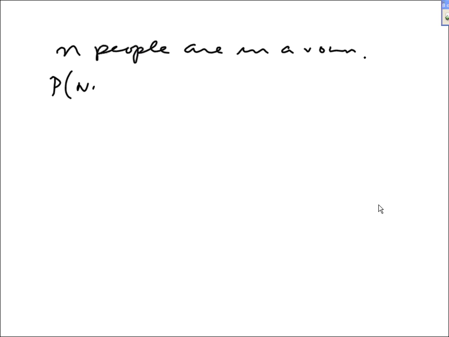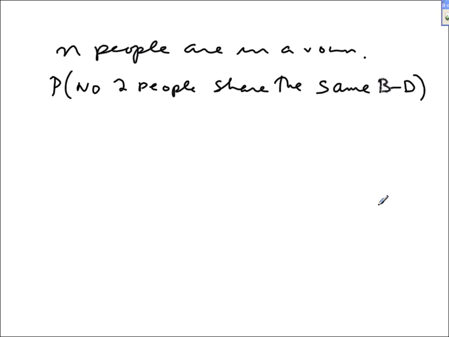Now, we'll do the complement, that no 2 people share the same birthday. What is the probability that no two people share the same birthday?